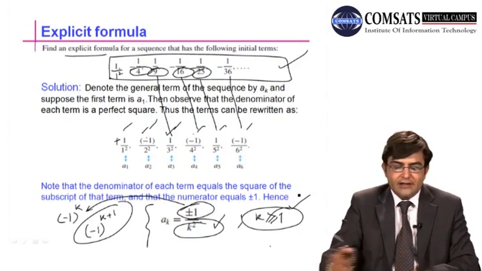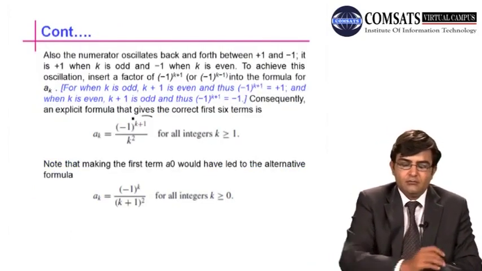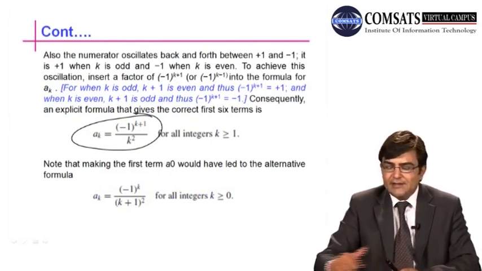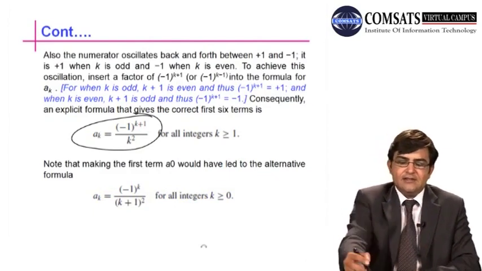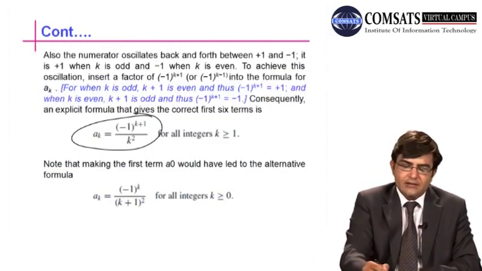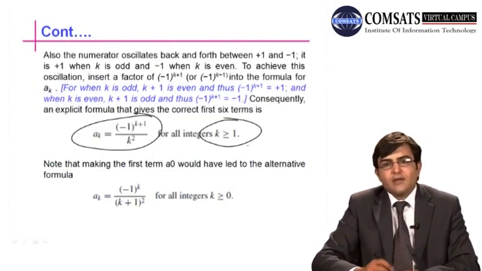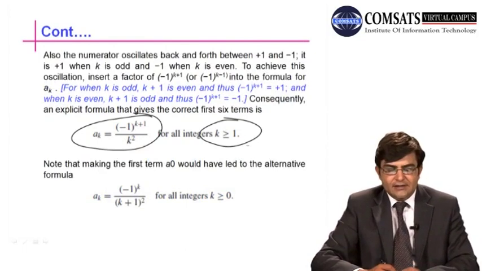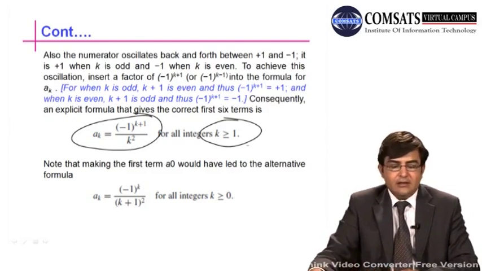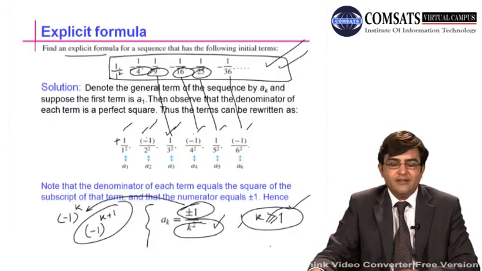So now this general term exactly expresses this sequence, and the domain must be greater than or equal to 1. So we have succeeded in writing the general term, or the explicit formula, which expresses the given sequence.